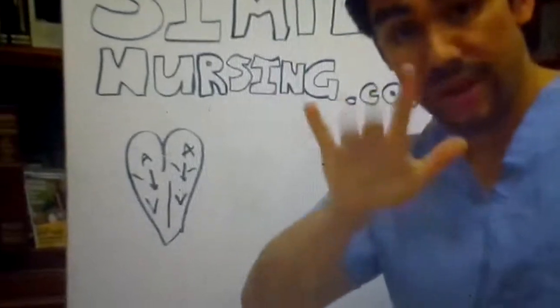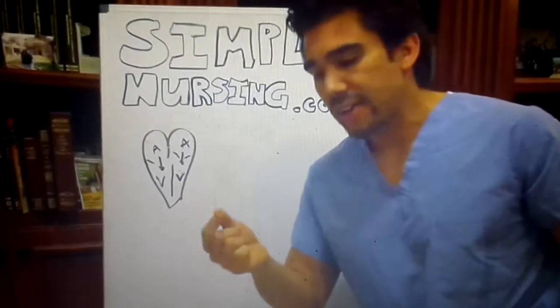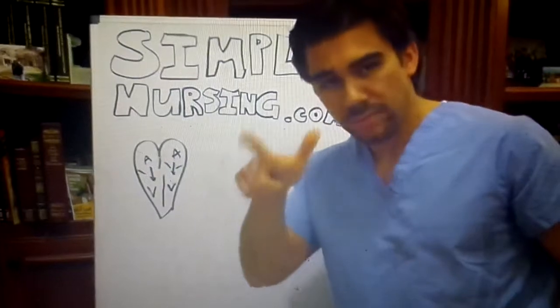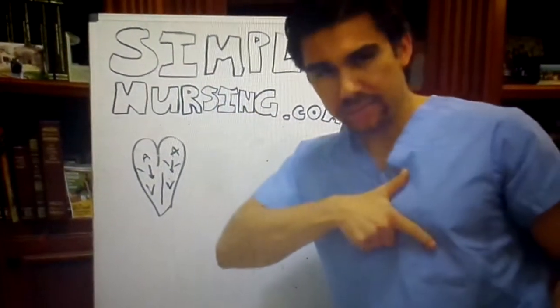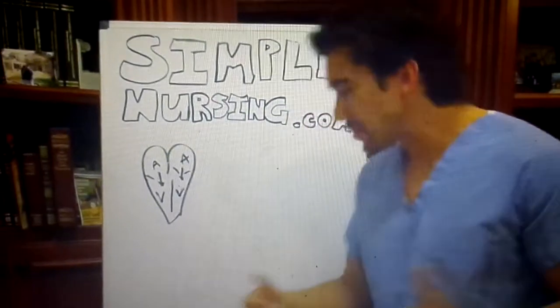You have 3 fingers, right? So that's your tricuspid valve, that's your right valve. On the left side of the heart, you have your bicuspid valve, right? Because you have 2 fingers on the other side. So tricuspid, bicuspid, that's how I remember it.